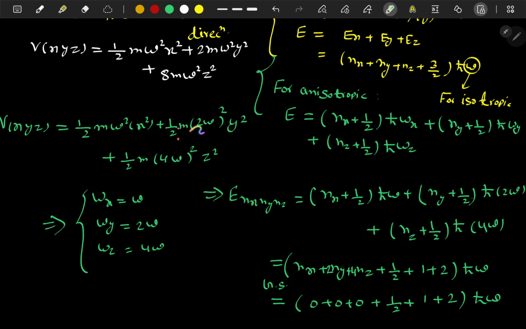Half m y square, and omega can be written as 2 omega square, meaning you square it and cancel it, it will be here. Now here there is 8 also. How can we calculate it? 16 divided by 2 is 8. So 4 omega square. So we have omega x, omega y, and omega z.